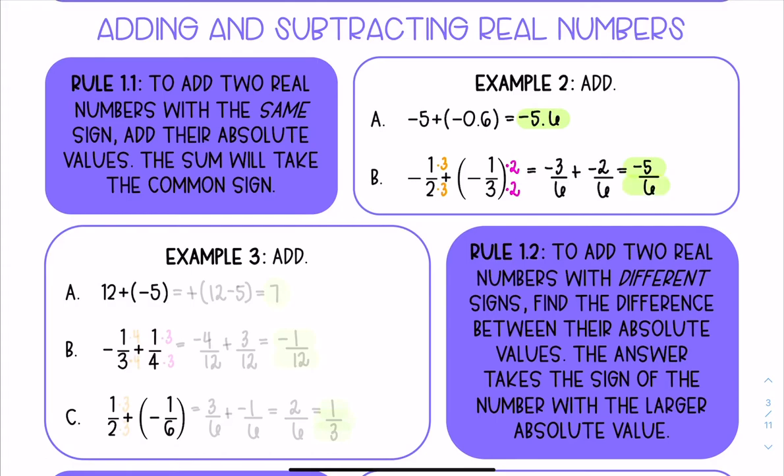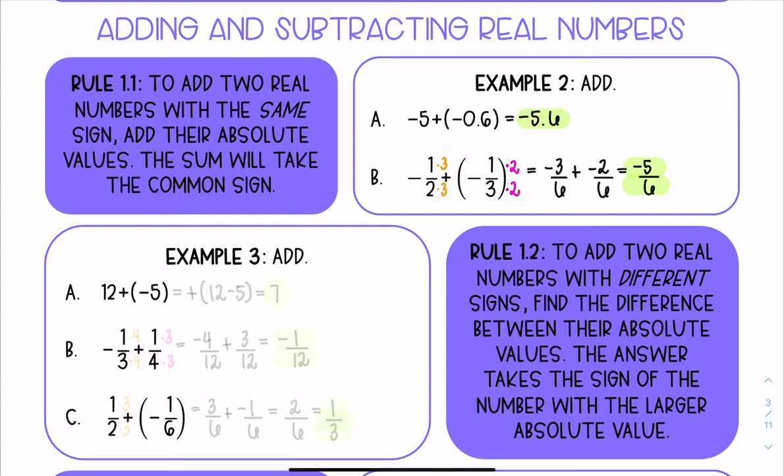Rule 1.2 says to add two real numbers with different signs, we find the difference between their absolute values. The answer takes the sign of the number with the largest absolute value. So if the bigger number is positive, then it'll be a positive number. If the bigger number is negative, then it will be a negative number.